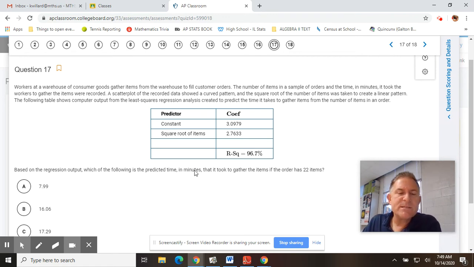Okay. The only reason this one is hard is look right here. In other words, here is the intercept where it says constant, that's your y-intercept. And here's your slope. 2.76 is the slope, but it's not 2.76 times x, it's times the square root of x.